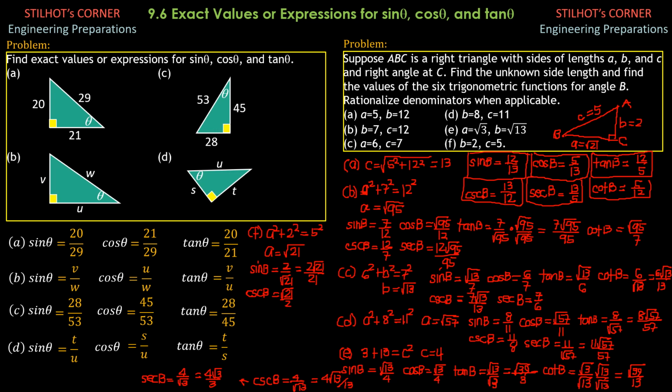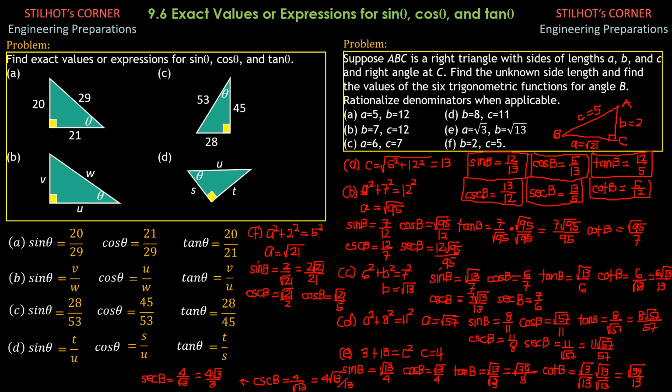Then cosine of B is equal to adjacent square root of 21 over hypotenuse 5.